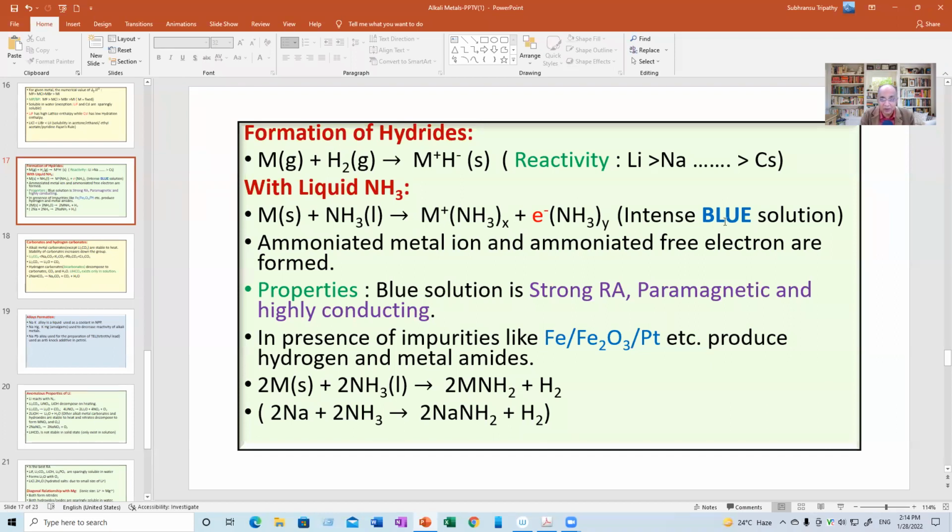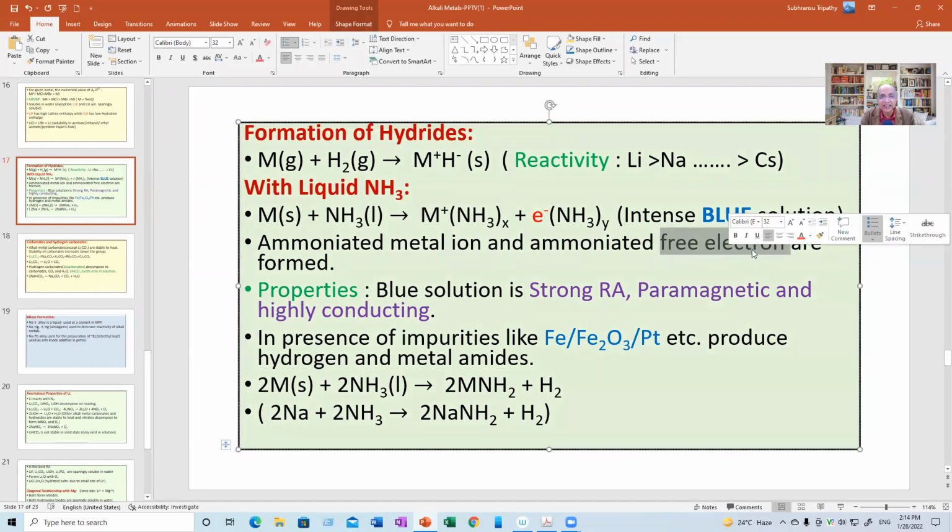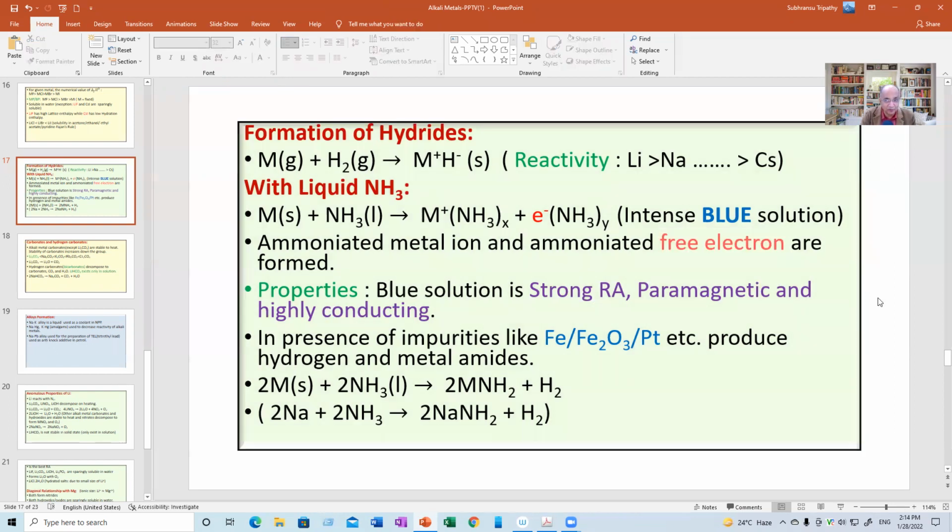So the blue solution will contain ammoniated metal ion and ammoniated free electron. So these electrons are free. And therefore, this intense solution has three characteristic properties. They are strong reducing agents, because free electrons are available, and they are paramagnetic because of free electrons, and they are highly conducting because of free electrons.